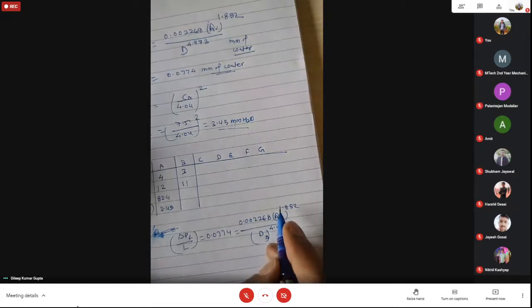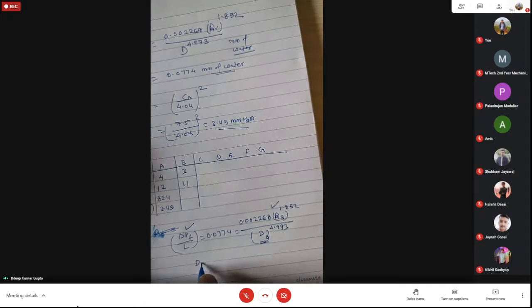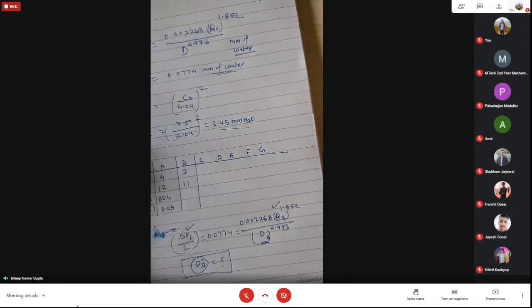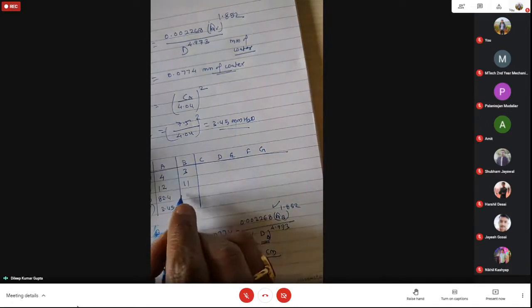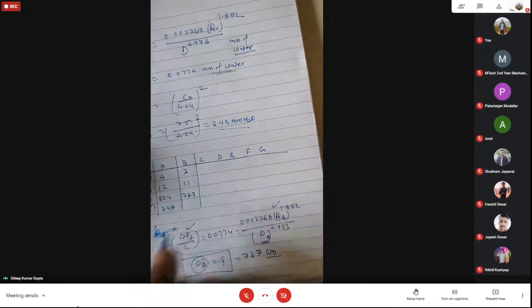Use this relation. We have this value, we have this value, we have only one unknown. You can find out the value of dB here. So here the value of dB we are getting is 73.7 centimeter. So you'll fill in this 73.7 centimeter.